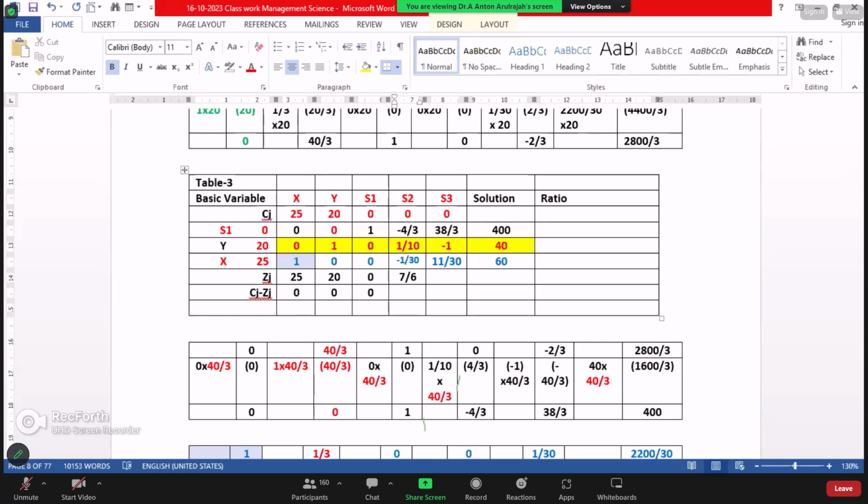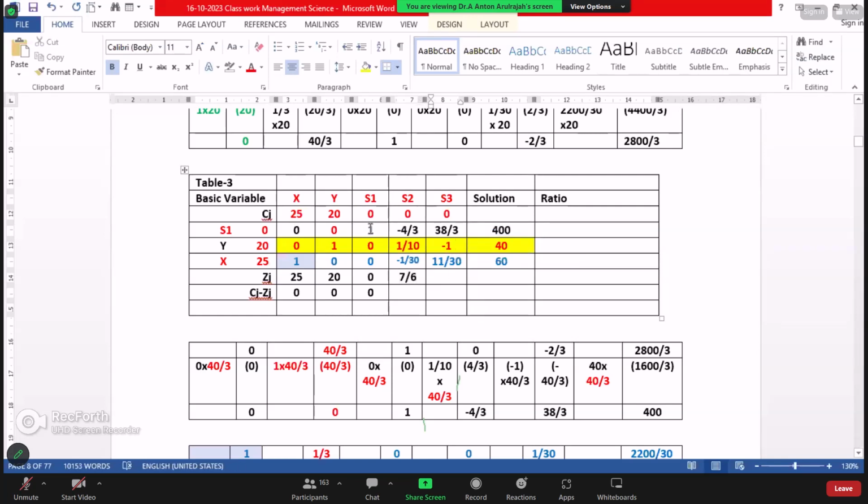That is 8 means 25 into minus 1 by 30 is minus 5 by 6 plus 1 by 6. I'll check a second time. Please check whether this is 1 by 6.